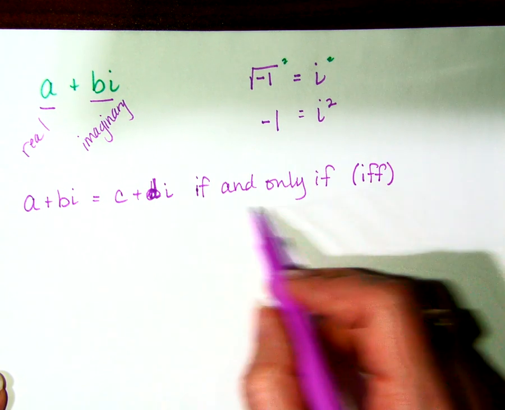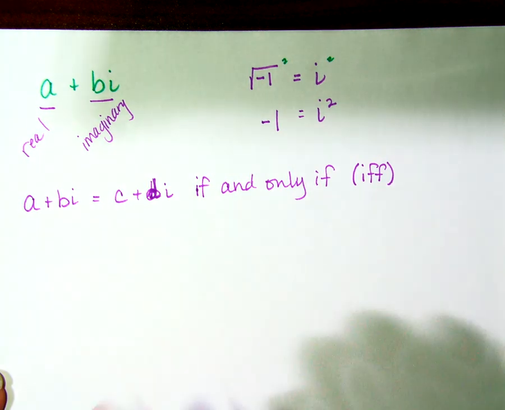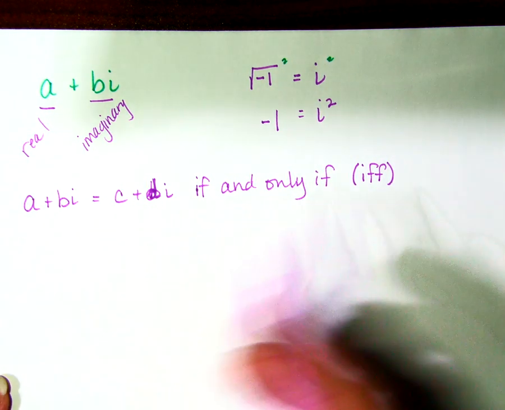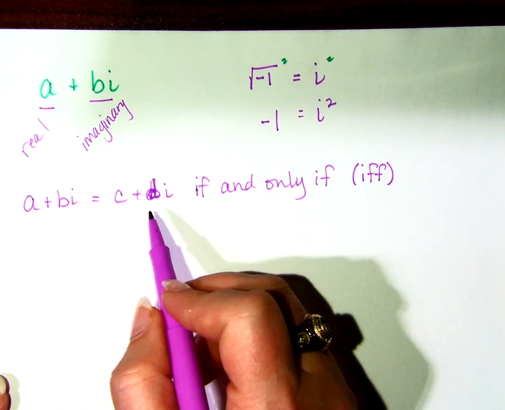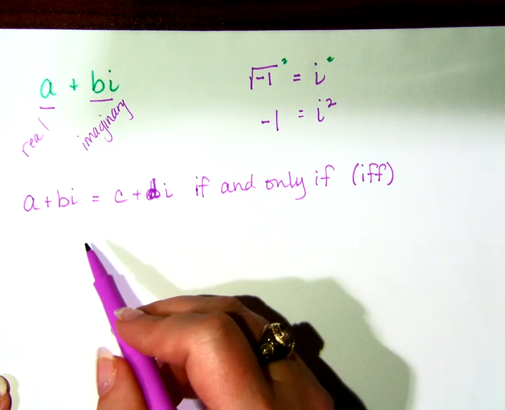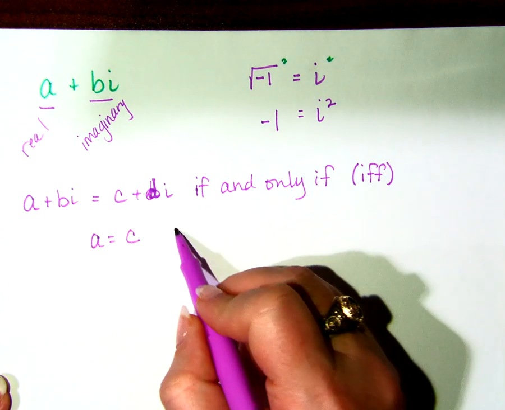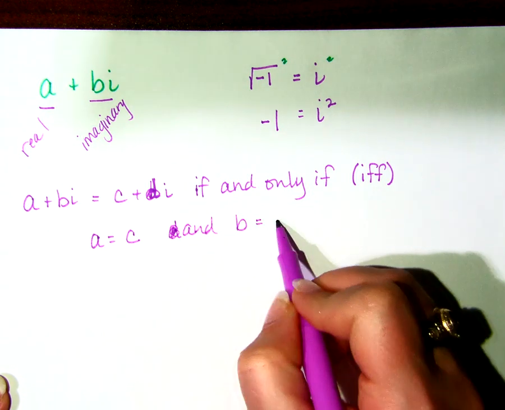It's like an abbreviated if and only if. You can write iff and you know it means if and only if. So a plus bi equals c plus di if and only if what's true? What does a have to equal? c. And b has to equal d.